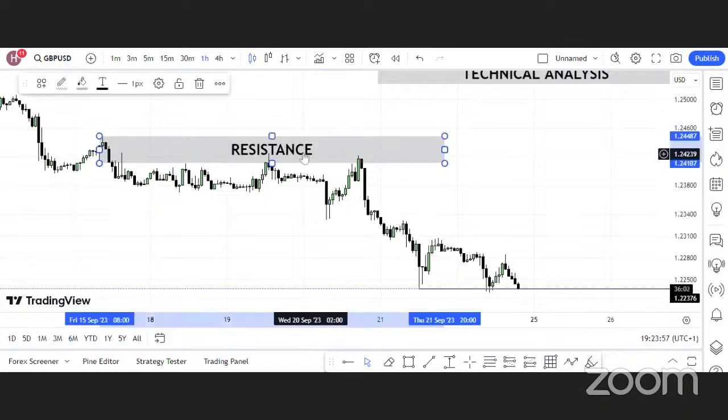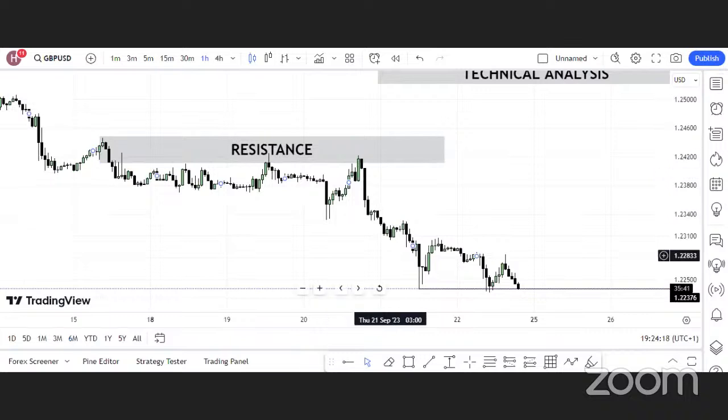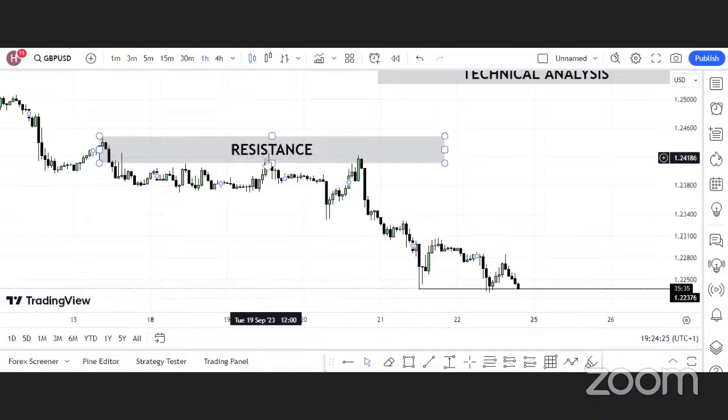That means we have sellers that are waiting here to keep selling the market, controlling this trend. Every time the buyers try to fill up the order, the sellers just keep pushing the price to the downside. Whenever we have this kind of case, then we say we have the resistance around this area.